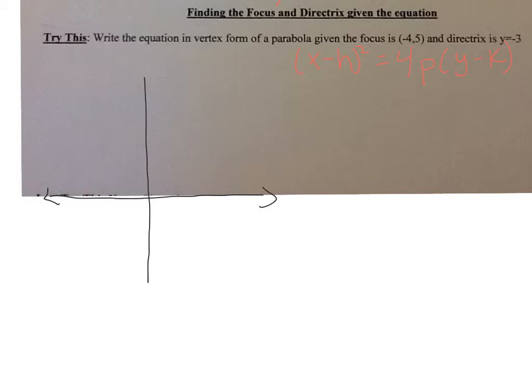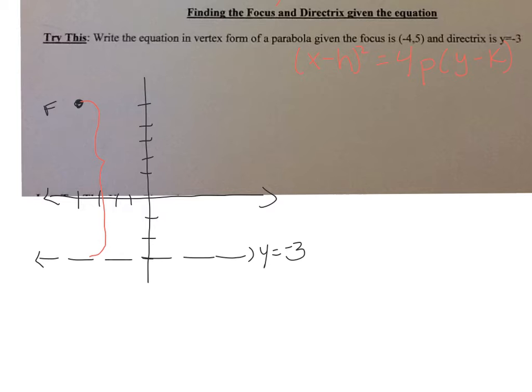So I have (-4, 5). Okay, so there is my focus. And my directrix is -3. I'll draw that in there. So remember, now I want to find the distance from here to here so that I can find the vertex.